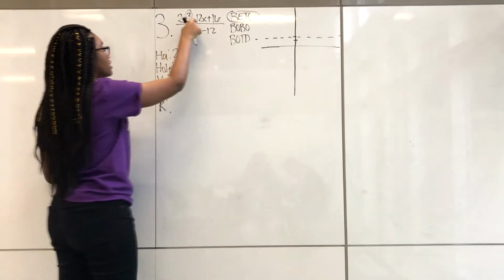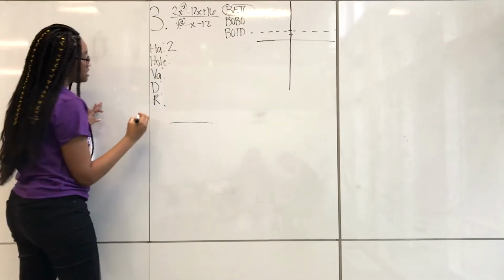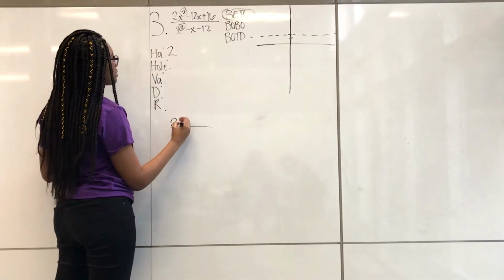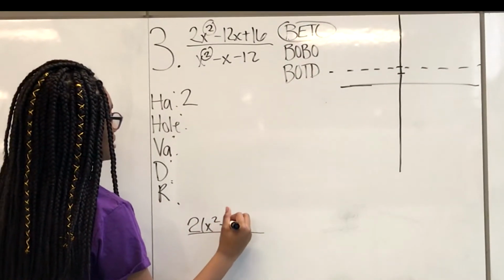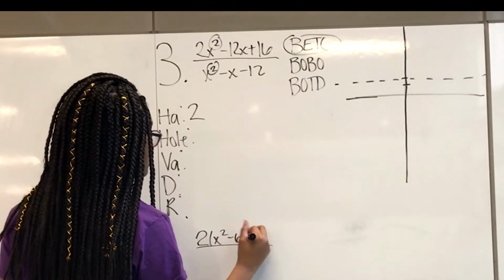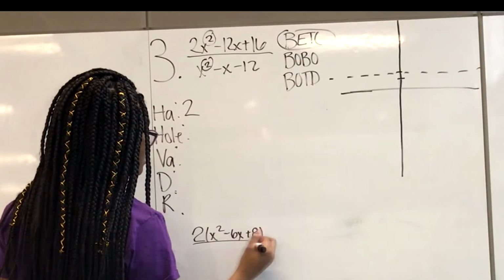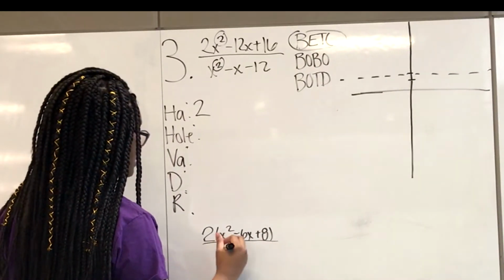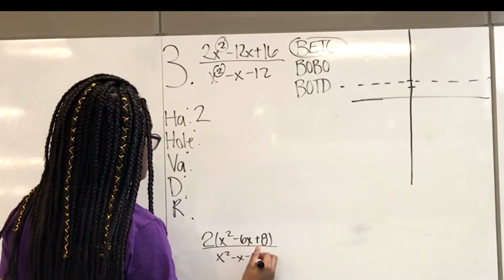The hole, we got to factor this out. So on the top, it has a GCF of 2. So you bring out the 2 and do x squared minus 6x plus 8. And then the bottom is x squared minus x minus 12.